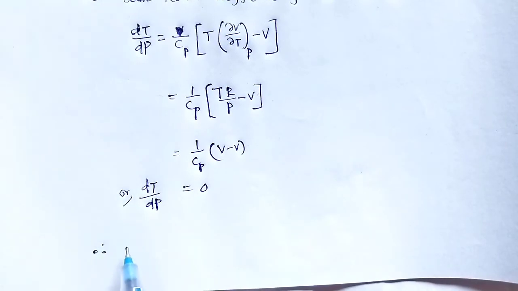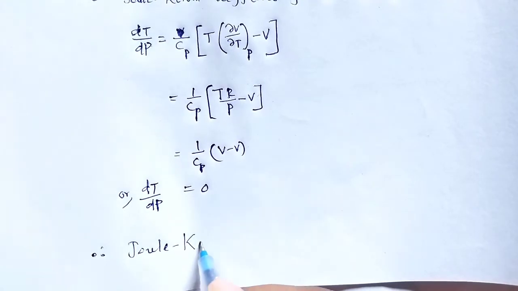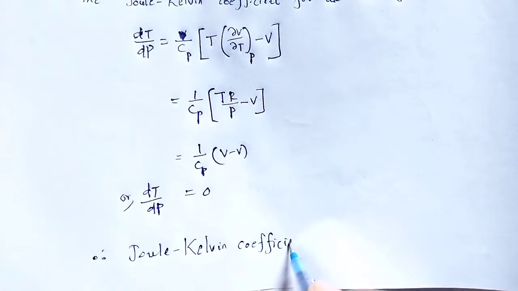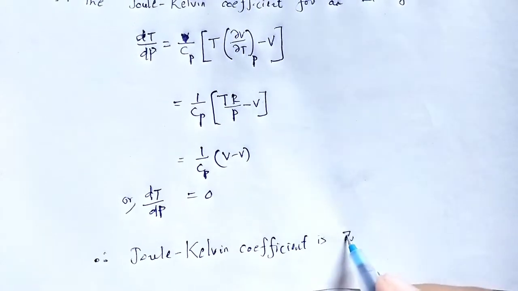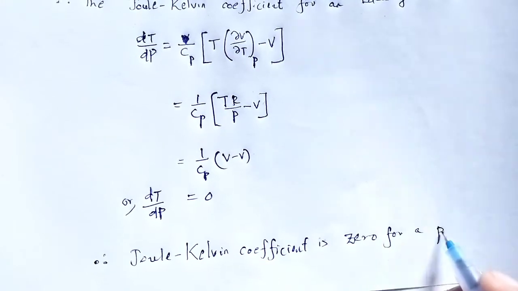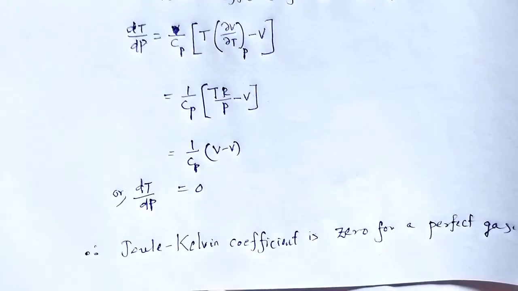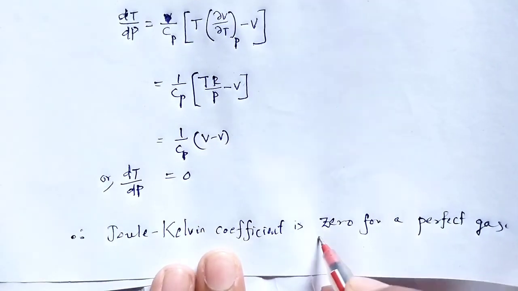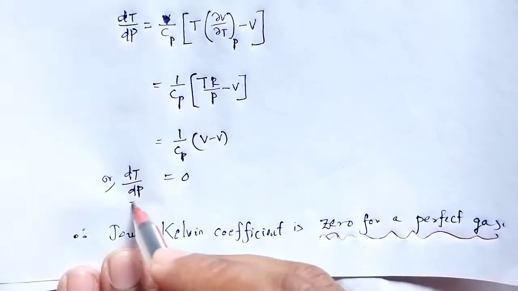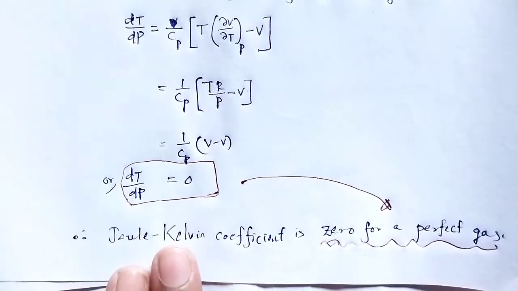Therefore, the Joule-Thomson or Joule Kelvin coefficient is 0 for a perfect gas.